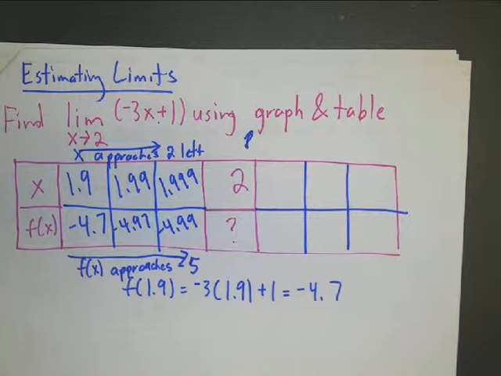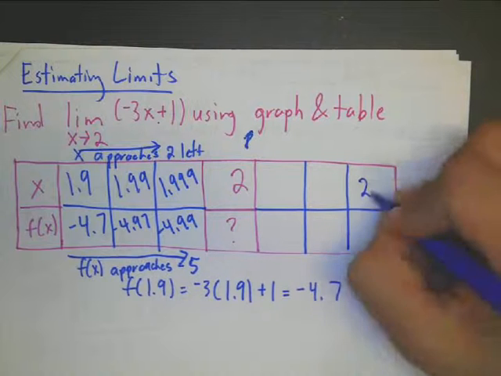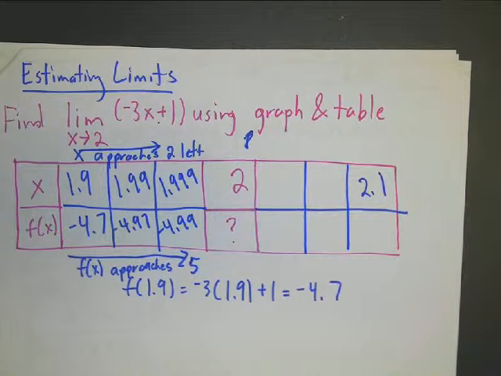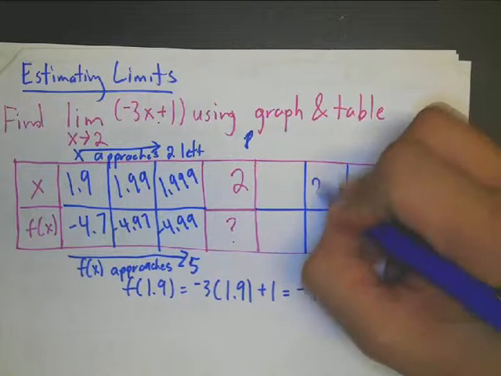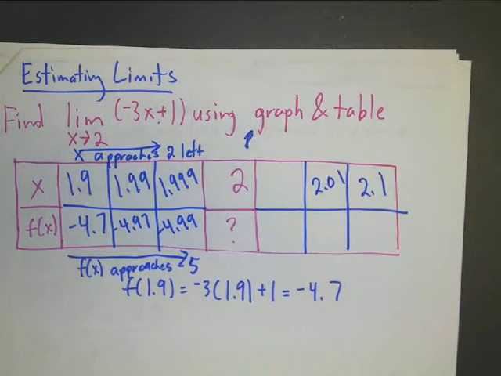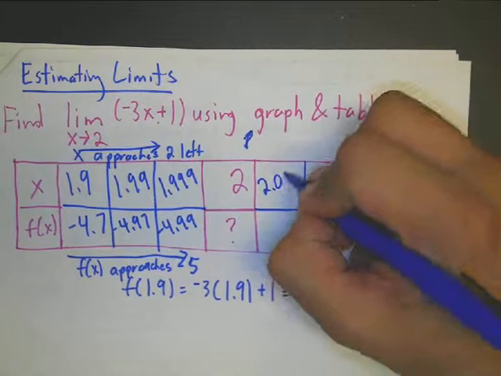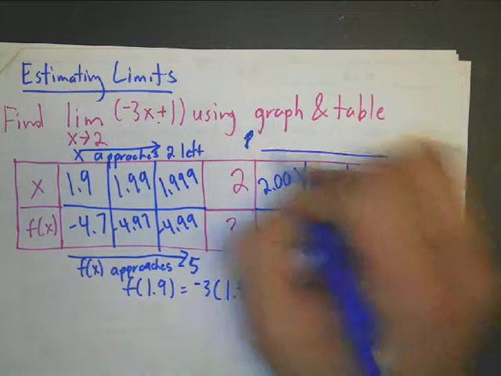Now let's look at the right side. Give me a number really close to 2 on the right side. 2.1. Closer? Good. So x approaches 2 from the right side.